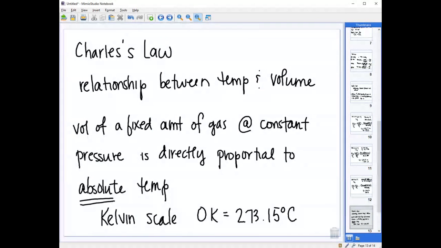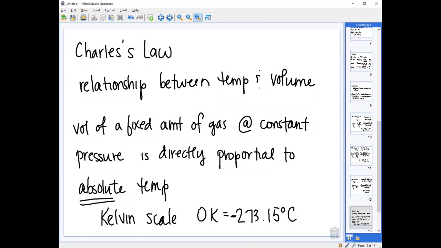So when you're given a Kelvin temperature, you add 273.15 to get Celsius. When you're given a Celsius temperature, you add to get Kelvin.